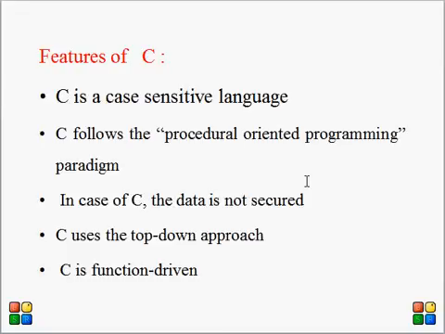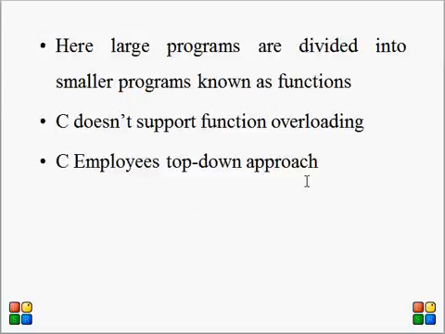Everything is in the form of functions in C. Large programs are divided into smaller programs known as functions. For example, we divide a project's functionality into smaller functions, and we implement the program by calling those functions.